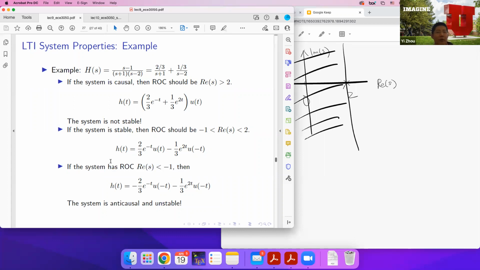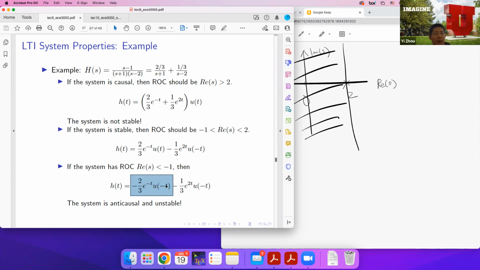Correspondingly, we can find the system impulse response. With this ROC, the inverse of this Laplace transform becomes this one. This is clearly not causal because of u(-t), and it is not stable because this part blows up to infinity.